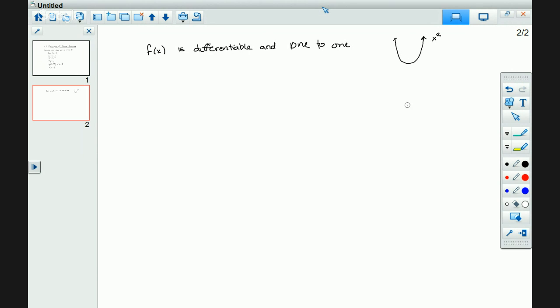Does any y value have two x's? This is not one-to-one. It's a function, because every x has one y, but it's not a one-to-one function because a y has two x's. So it doesn't pass the horizontal line test. That's what one-to-one is. For this formula to work, that has to be true.